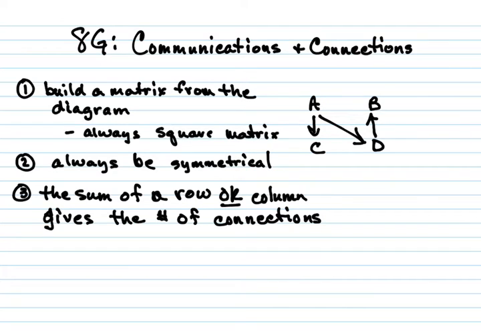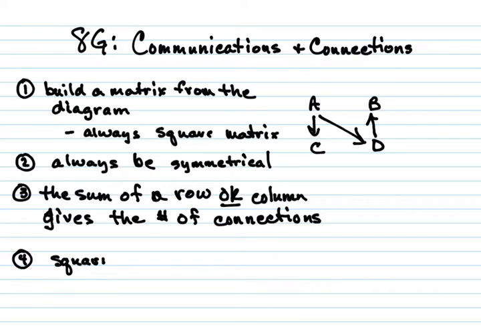So if you add it up and find 3, that means that person in that row knew 3 of the people in the group, for example. Okay? 3 direct connections.